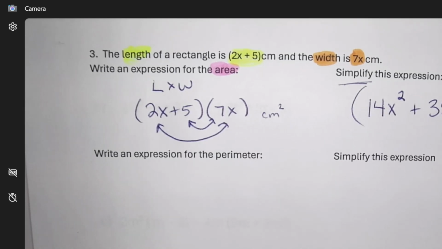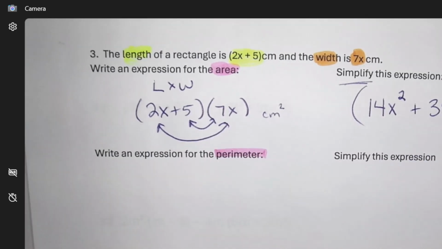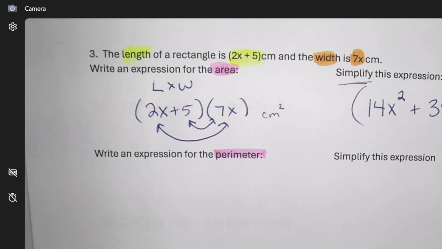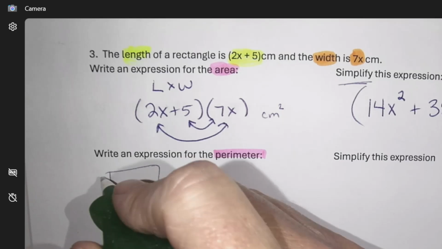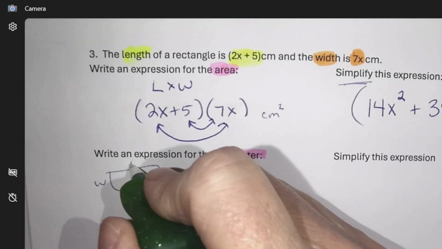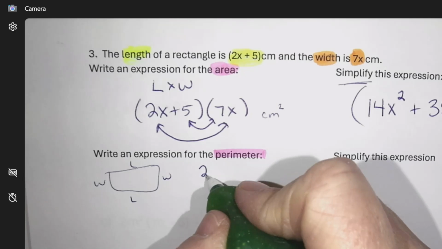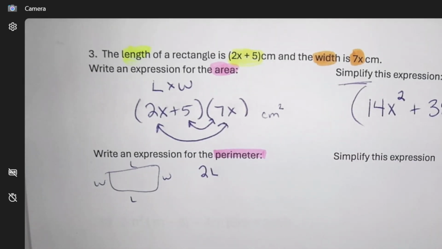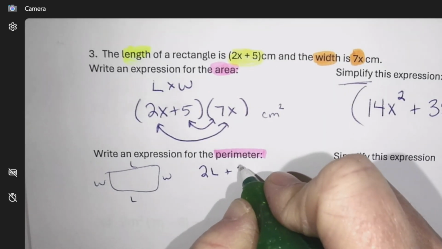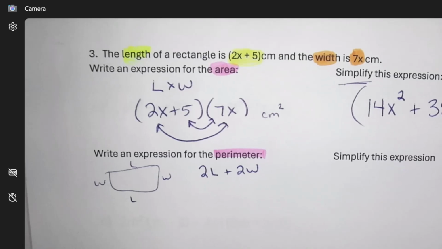Okay, so the next question, perimeter is what it asks. What do you know about a perimeter of a rectangle? What are you looking at? You add up everything. Is there a shortcut to me saying add? Yes, times 2. Multiply by 2 lengths. You have 2 lengths, and you also have 2 widths.